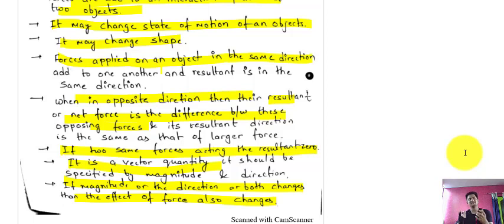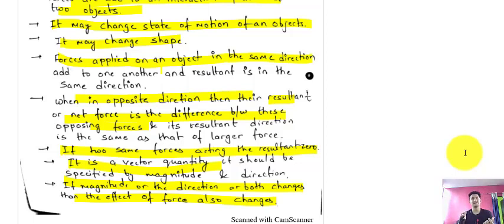If I increase the force magnitude from 5 Newton to 10 Newton, its effect will also change. Now it may be possible that it moves this object, as the magnitude of force has increased.